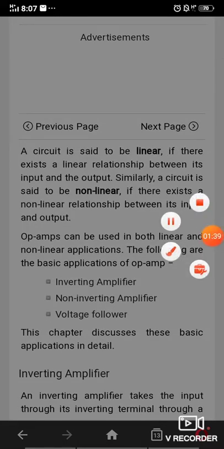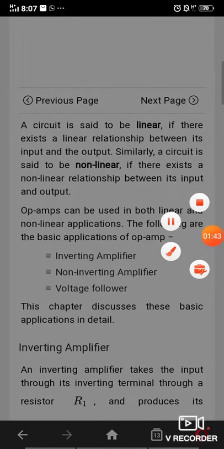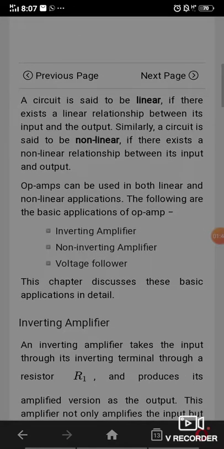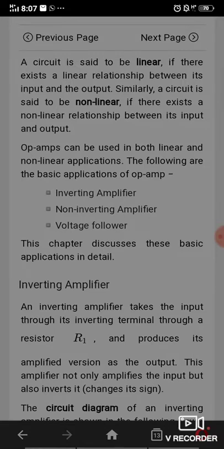Op-amp can be used in both linear and non-linear applications. The following are the basic applications of op-amp: inverting amplifier, non-inverting amplifier, voltage follower. This chapter discusses these basic applications in detail.